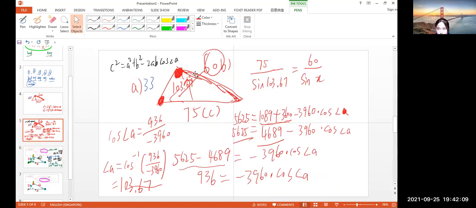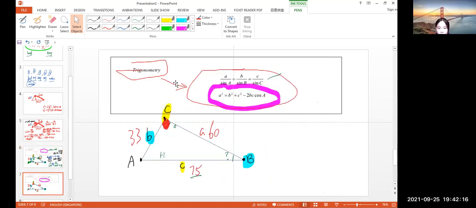In order to find this angle, which is my angle A, can you see? Over here, they label angle A, right? So in order to fit this formula, I need to relabel.